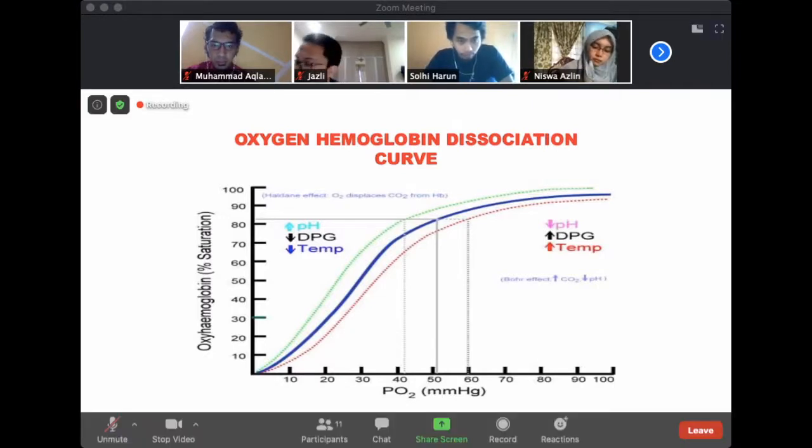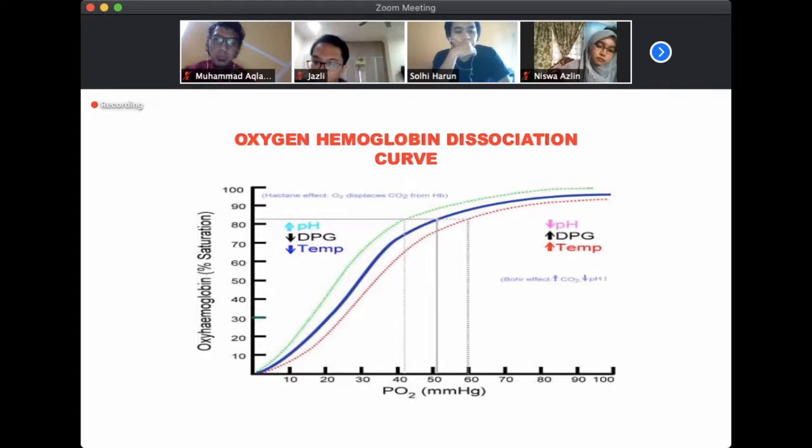Therefore, even at a lower concentration of oxygen, the SpO2 will be high. If you look at the baby, because they have fetal hemoglobin compared to adult, fetal hemoglobin has higher affinity to oxygen.